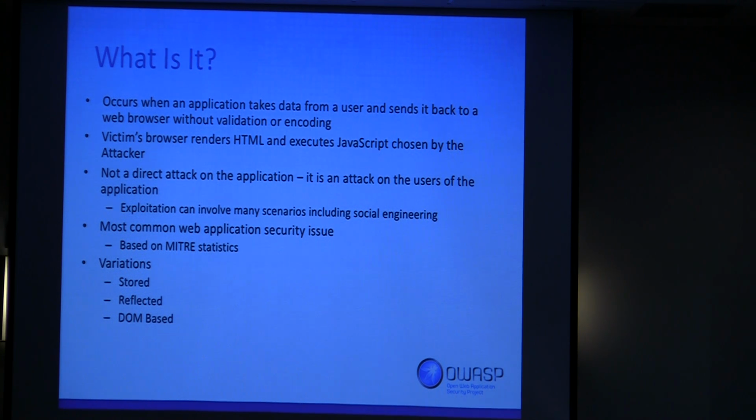It's an attack on the users of the application, which in turn can have a negative impact on the application. And there are a lot of exploitation scenarios. Sometimes they include some social engineering. But it's a very, very common web application security issue, and there are a number of variations. So we'll look at stored cross-site scripting, reflected cross-site scripting, and DOM-based cross-site scripting.